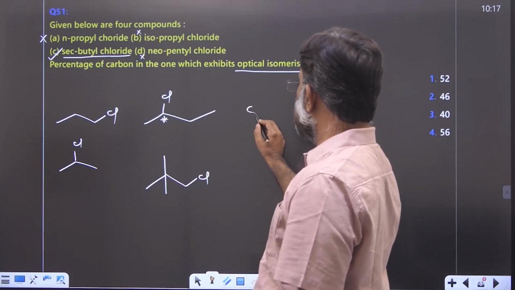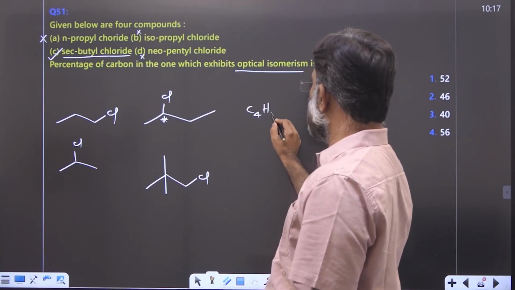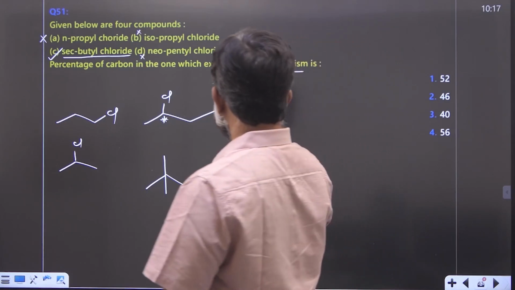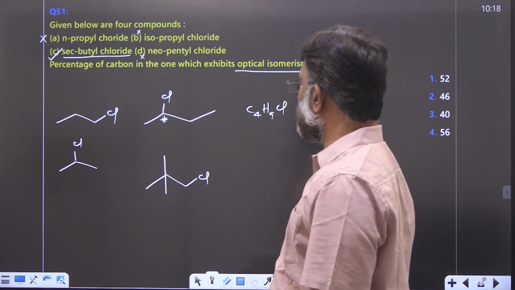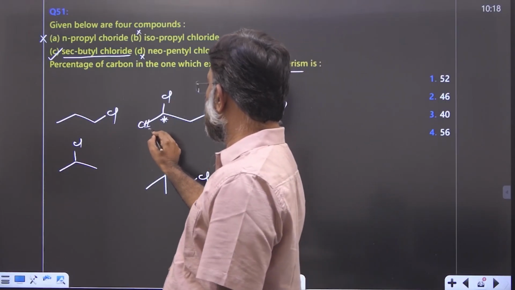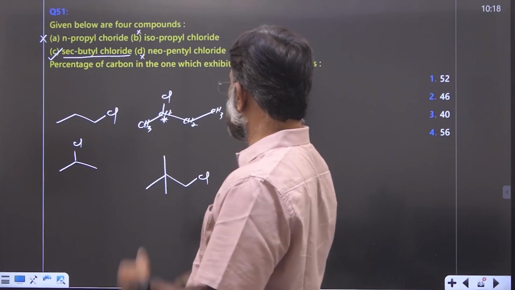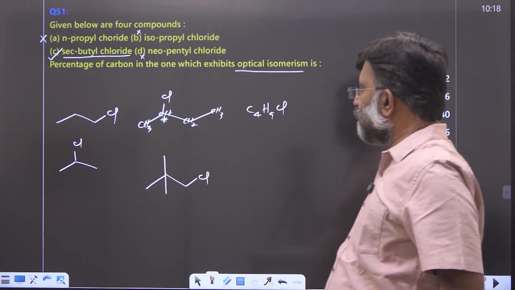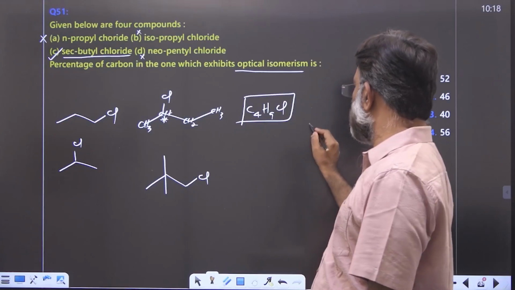That is C4H9Cl, correct? CH3, CH, CH2, CH3. Yes. So C4H9Cl, what is the percentage of carbon?